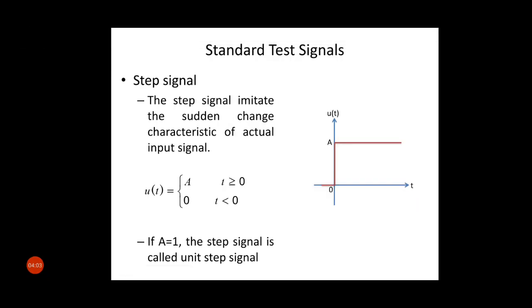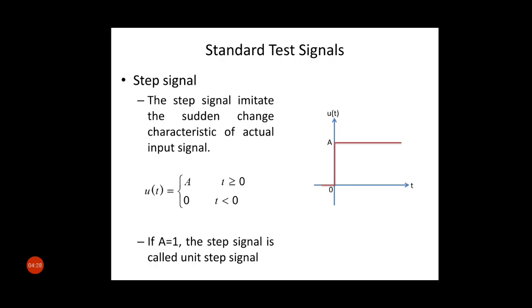Now coming to the step signal. Sometimes we call this step signal a unit step signal whenever the amplitude is equivalent to unity. Here I am calling it just a step signal. When I call it just a step signal, we need to consider an amplitude or any voltage.